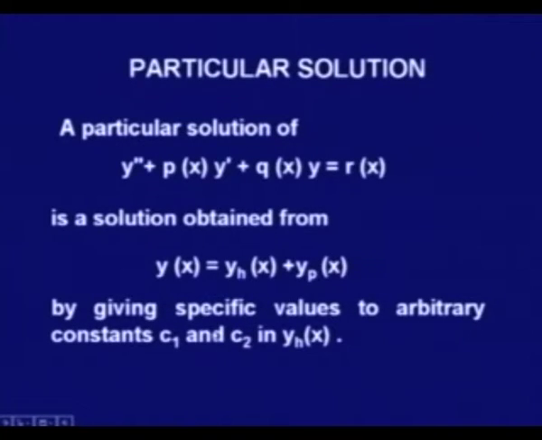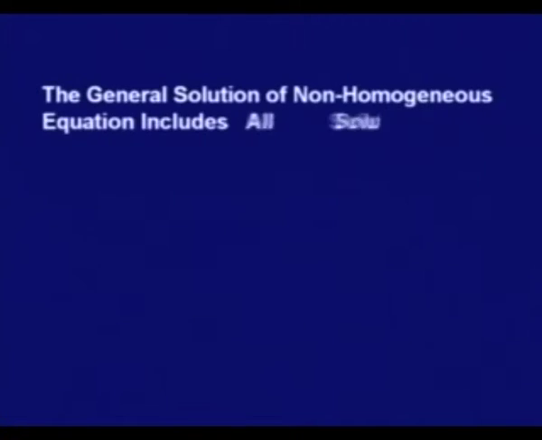So, what will happen to the initial value problem? There we will obtain C1 and C2 by putting the initial values in the general solution. Now, one more result: the general solution of non-homogeneous equations includes all solutions.